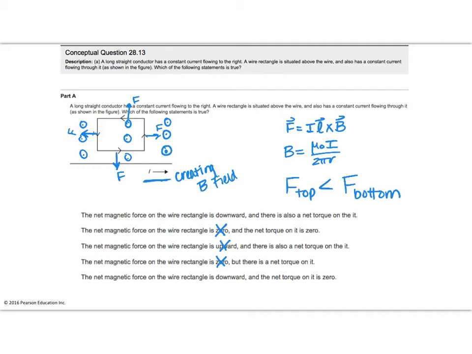In the vertical direction, a net force down would just cause the loop to move down, and the forces horizontally are just pulling on the loop to the left and the right. None of these forces are pointing in a direction that would cause a rotation of the loop, so there is no net torque acting on this loop. And so that eliminates this, and we're left with our final possibility, which is the last answer.